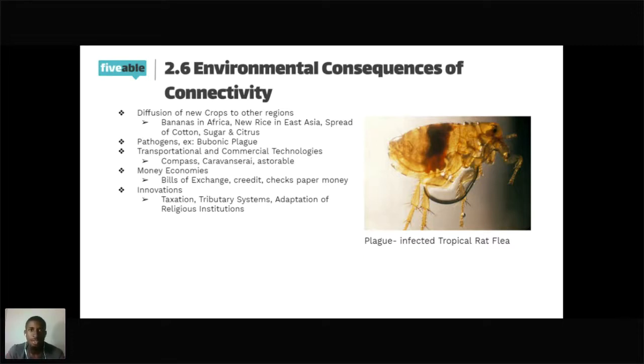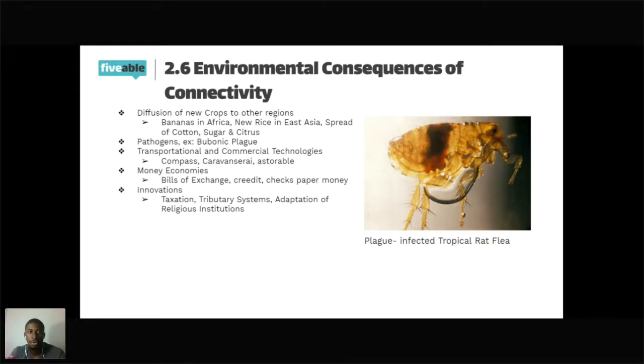Also, numerous pathogens such as the bubonic plague, or black plague, were seen along these trade routes. Next, you have the transportation of commercial and transportation technologies such as junks, and then the astrolabe and compass.